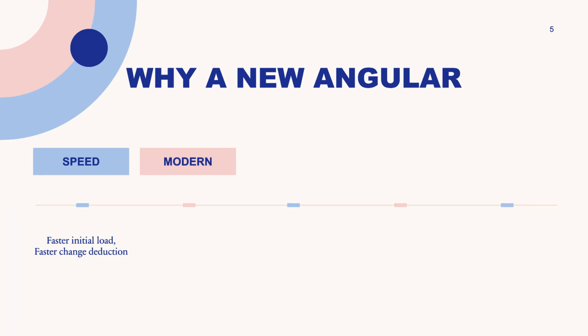The next one is modern. Angular has support for the latest JavaScript features and standards, whatever we have in the latest JavaScript. So Angular supports those features so we can reuse them.